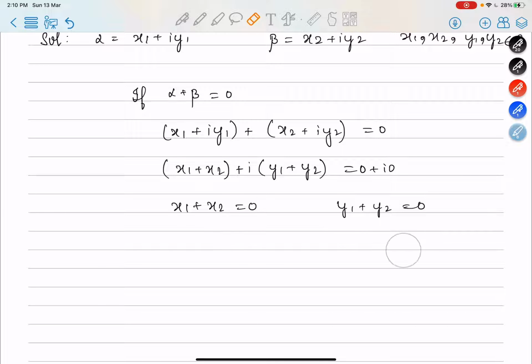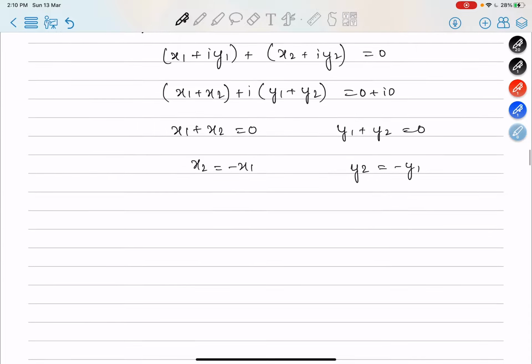Sorry, I have to find beta. So x2 is minus x1 and y2 is minus y1. So this implies uniqueness.